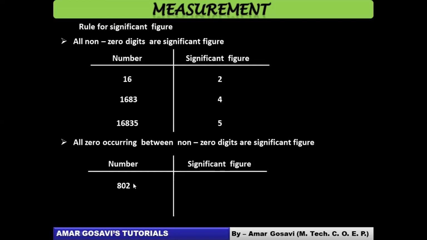In this number, 2 is significant, 0 is significant, 8 is significant. Therefore, the total significant figures in this number will be 3. That's what it means: all zeros occurring between non-zero digits are significant figures. Hopefully you understood this. Let's take another example.